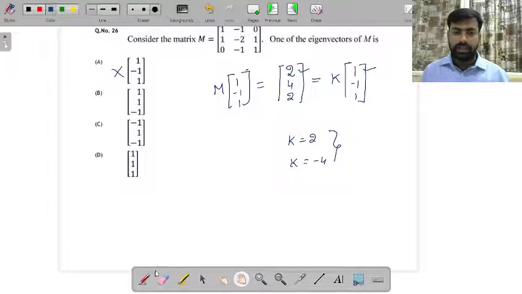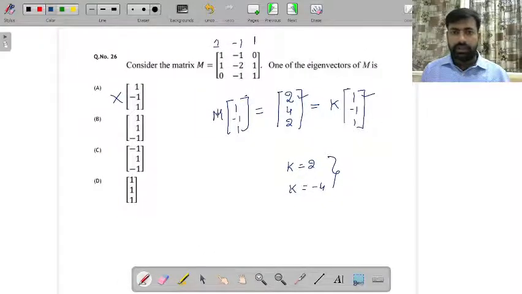Okay. But when you multiply with the last option, that is 1, 1, 1, remember one thing, multiplying with 1, 1, 1 is the same as taking the column sum. First column plus second column plus third column.